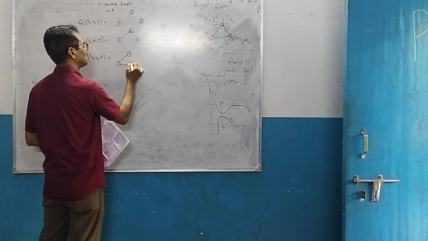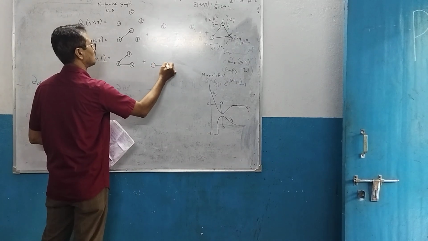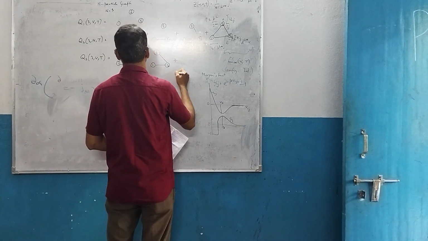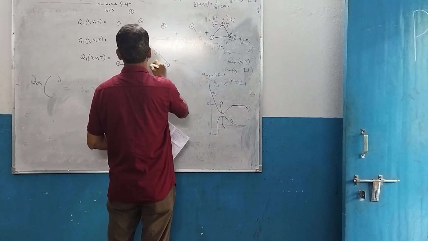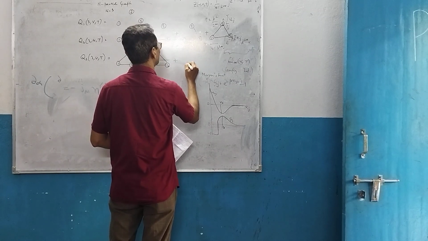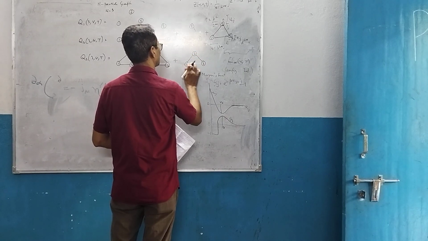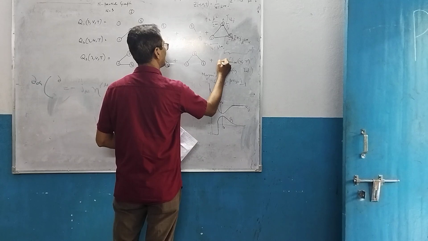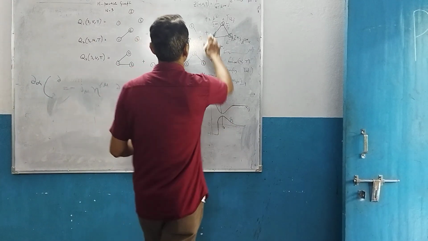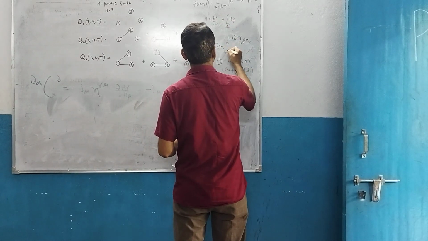So this could be like this, or this could be like this. No, this would not be here, this would be here because it is a two particle interaction.